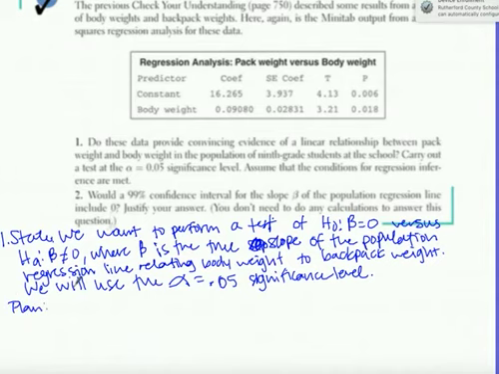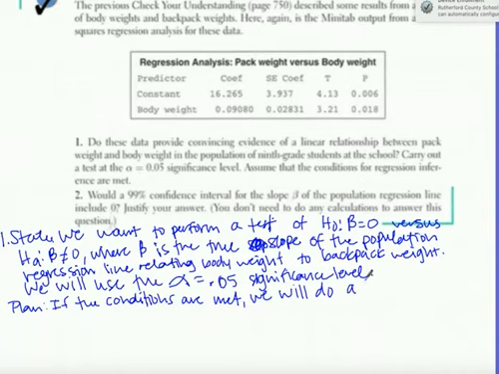All right, then we need to plan. So for the plan, we'll say if the conditions are met, which it says in the problem that they are, we will do a t-test for the slope beta.